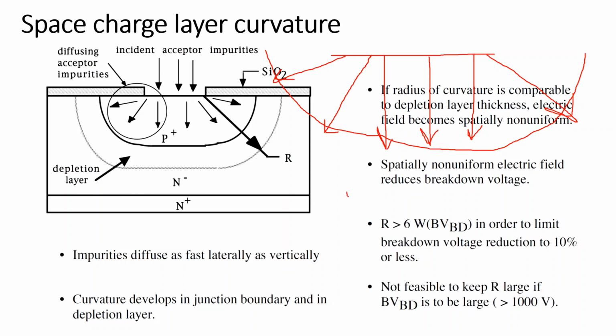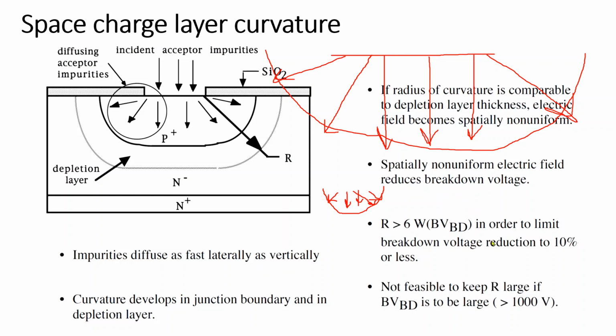But if acceptor atoms diffuse less, then R will be smaller. But diffusion takes time, so it takes time for impurities to diffuse. So we cannot put these devices in manufacturing for longer times. So it will not be feasible. Otherwise, times will be very large to make a device.